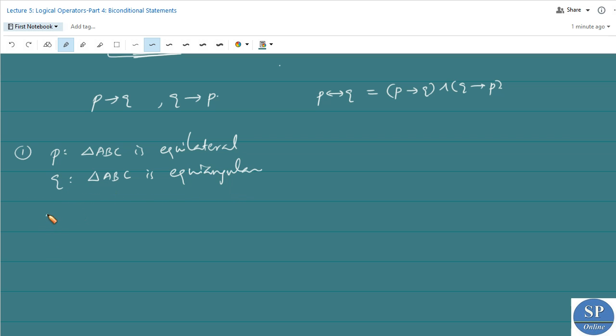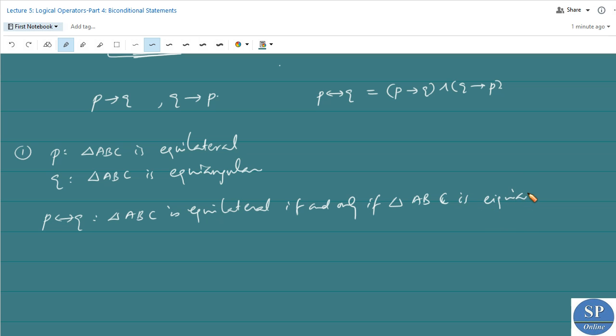Then P if and only if Q is nothing but: triangle ABC is equilateral if and only if triangle ABC is equiangular. So this is an example.